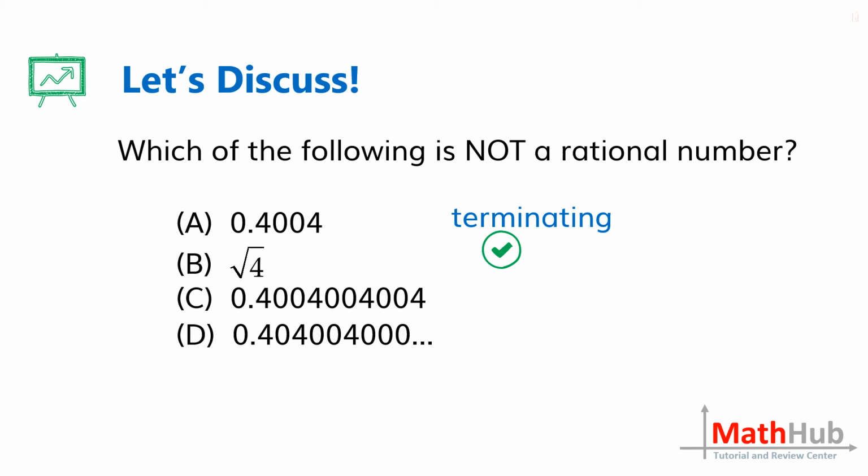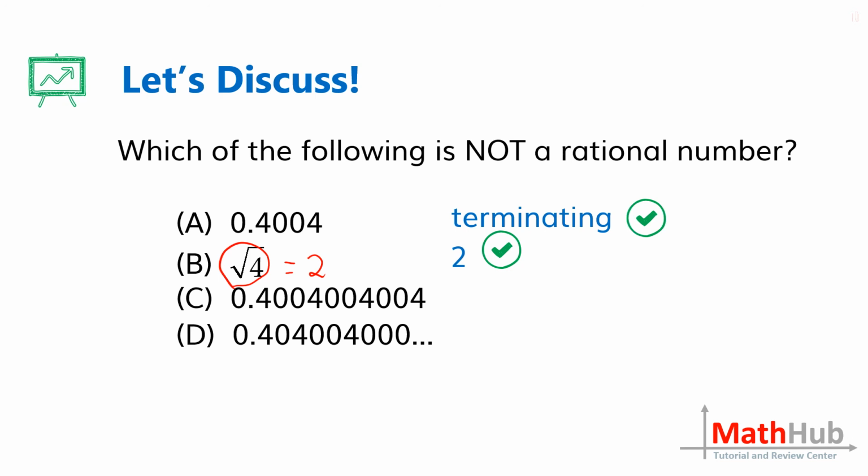Now, what about the square root of 4? Is that rational or irrational? Don't be fooled by the square root sign over here. Take note that the square root of 4 is simply equal to 2. And of course, 2 is an integer. And all integers, as we have seen in our previous slide, are rational numbers.